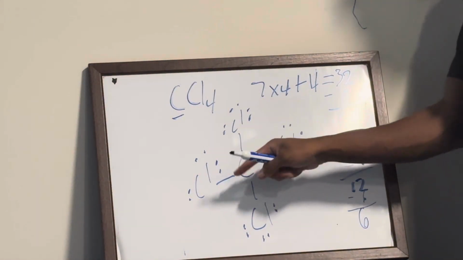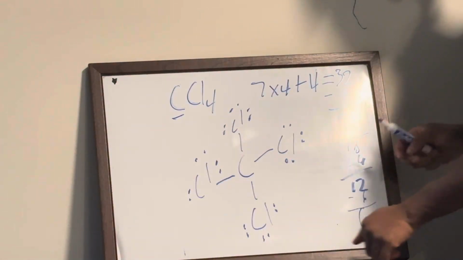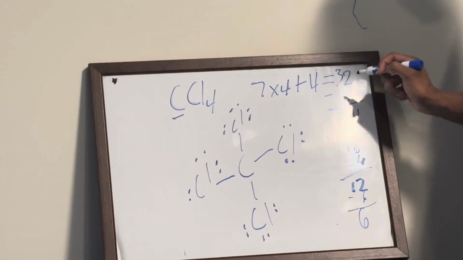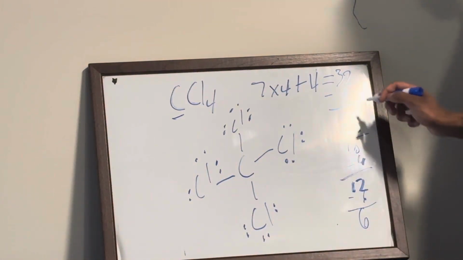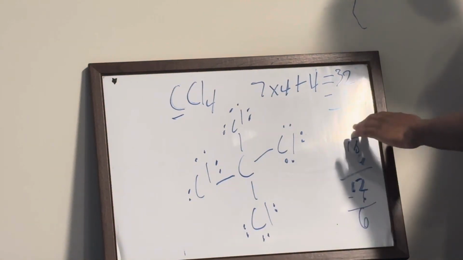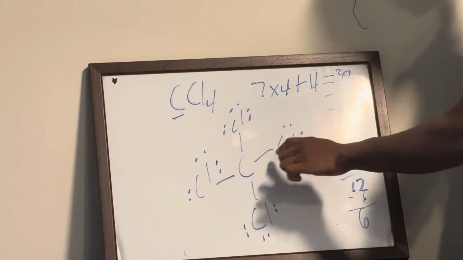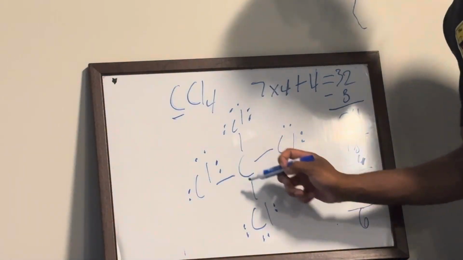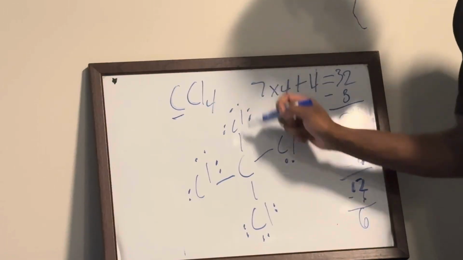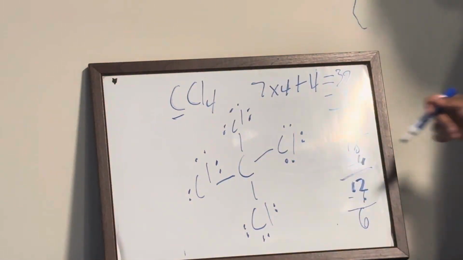Now that we've connected them, forget that these little dots are there. We do minus 8, and that gives us 2, 4, 6, 8 electrons, so we minus that, and now we have 24. Carbon is good because it has 8 electrons, completing its octet rule. 2 here, 2 here, 2 here, 2 here, done, right?